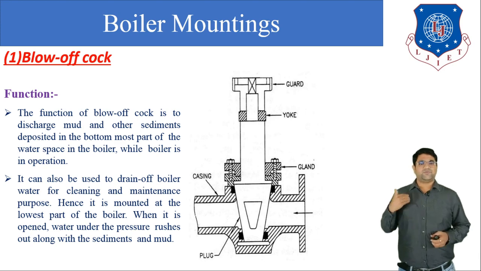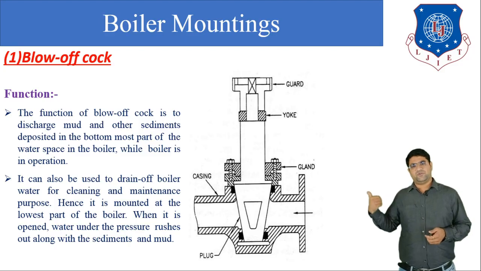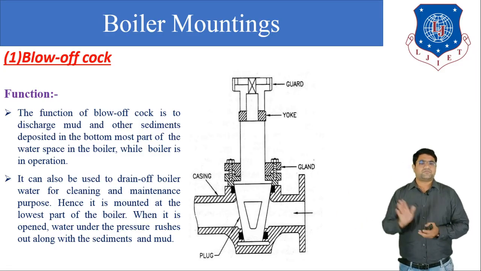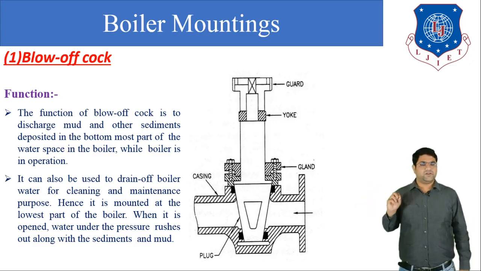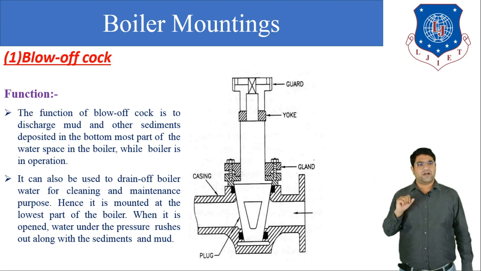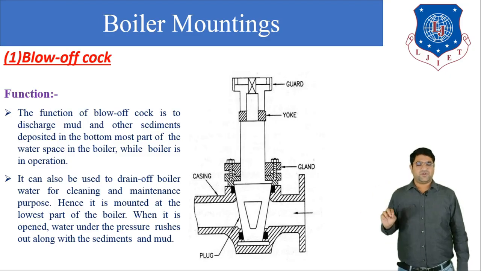One end of the blow off cock is fitted at the boiler shell and the other end is free to the atmosphere. Here you can see there is one plug. We can rotate that plug with the help of the guard. Here we have provided a gland for support and for preventing leakage.